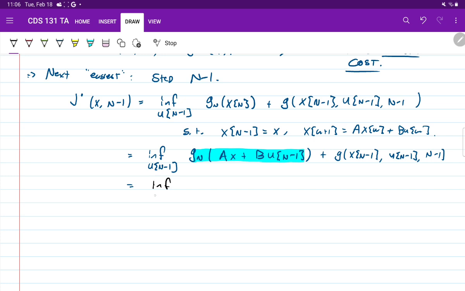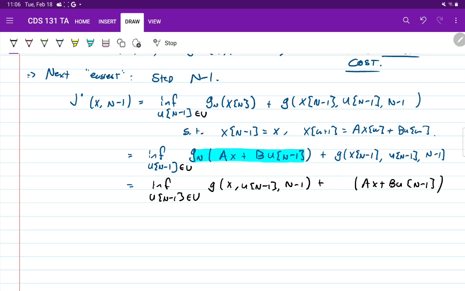So I could also rewrite this as the inf over u at n minus 1, which belongs to U, of, forgive my shorthand, I'm just going to put the stage cost first for ease: g of x at n minus 1, which is just equal to x, u at n minus 1, n minus 1, plus gn of ax plus bu at n minus 1, which we just said was equal to the optimal cost to go, j star at n.